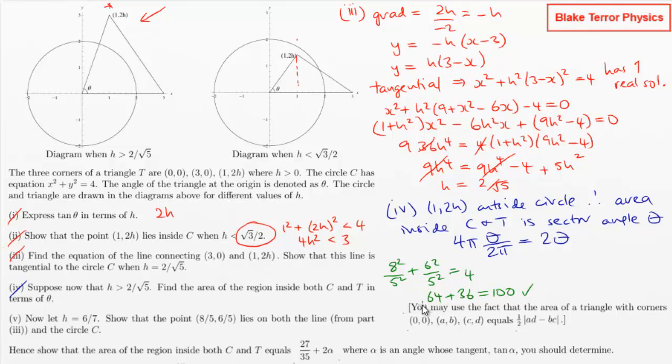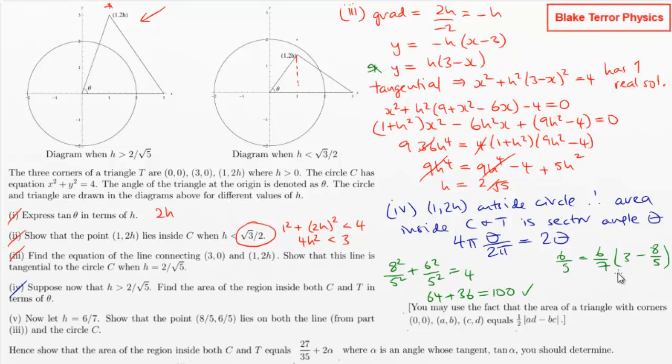And then on the line, which was this one, they've given us h being 6 over 7. So we're saying that 6 over 5, that's our y, is equal to 6 over 7 times 3 minus x, which is 8 over 5. That all seems a bit odd, doesn't it?